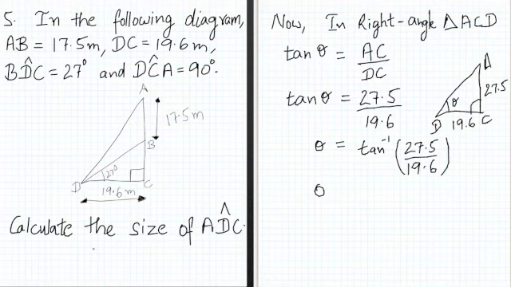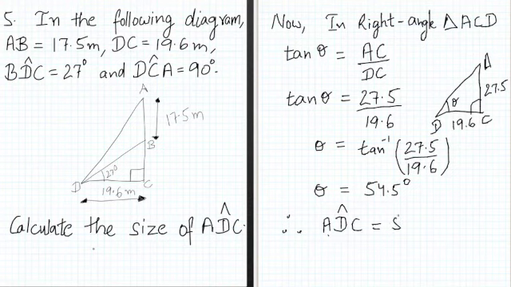So theta is equal to 54.5 degree, which is similar to ADC is equal to 54.5 degree, and that's your answer.